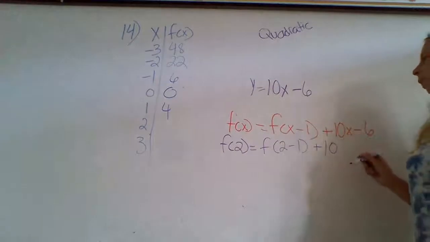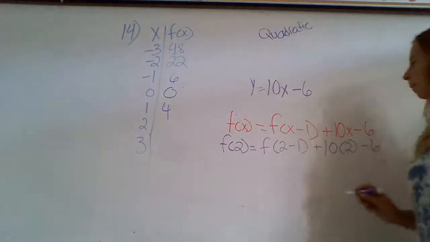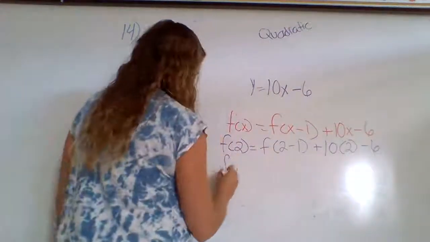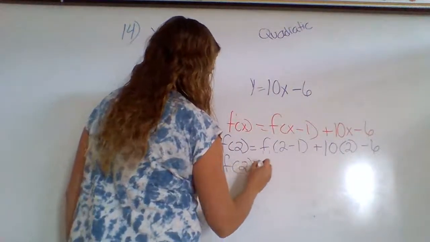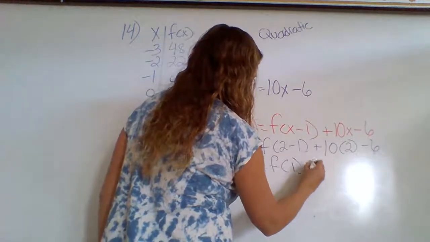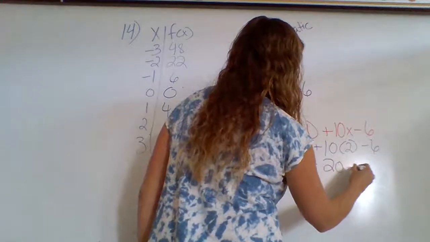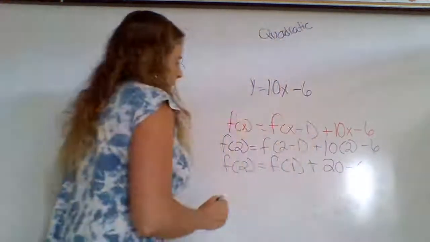Another x. Everywhere you see an x, you're substituting in 2. And then minus 6. Okay. So f of 2 minus 1 is just f of 1 plus 10 times 2 is 20 minus 6. Right.